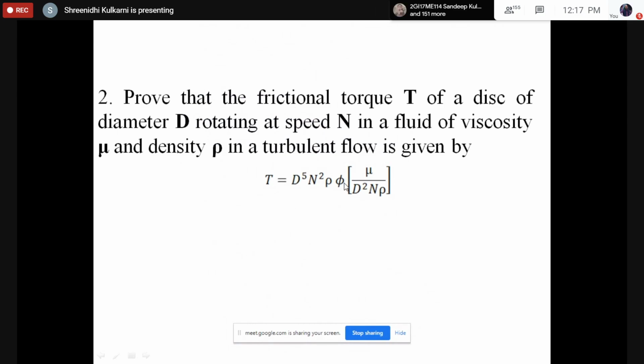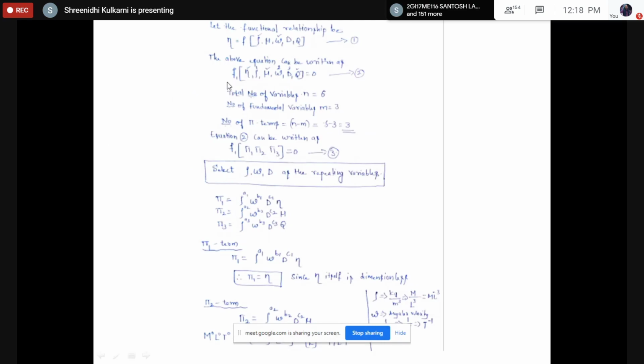If they give it like this, at that time we have to check which one we have to select. But in this problem, we can select even mu also.